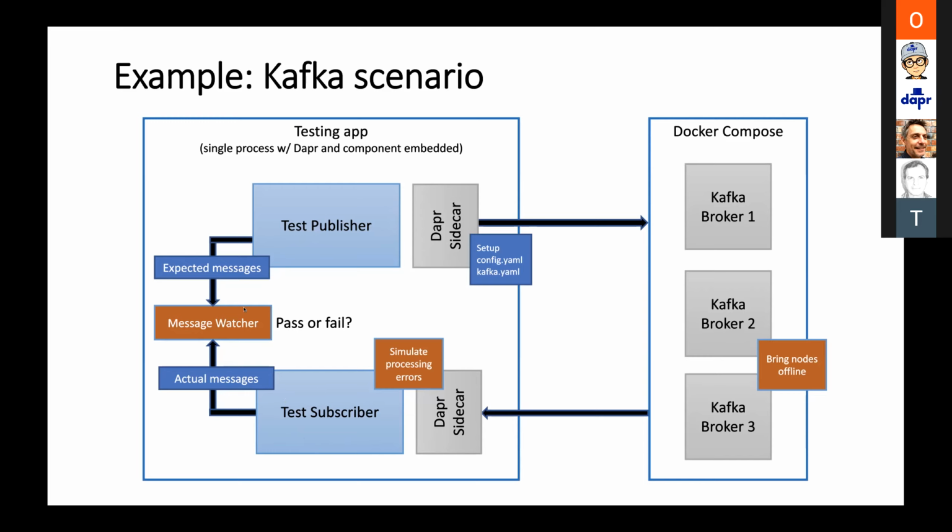We have the watcher concept in our utility, which would be observing these messages and helping validate that they are in the right order or not. And on the right side, as you can see, this Docker Compose is bringing up the Kafka brokers and starting them. So it's a very simple infrastructure.